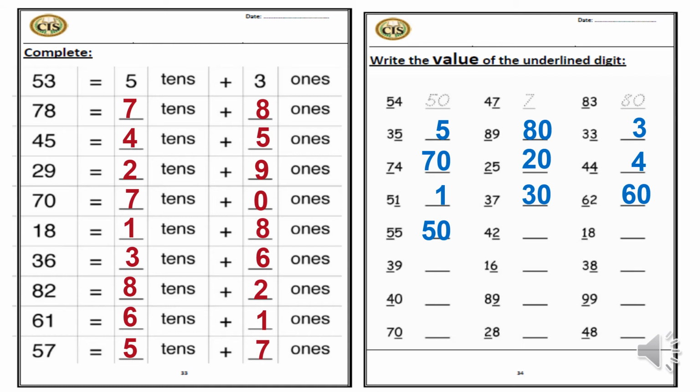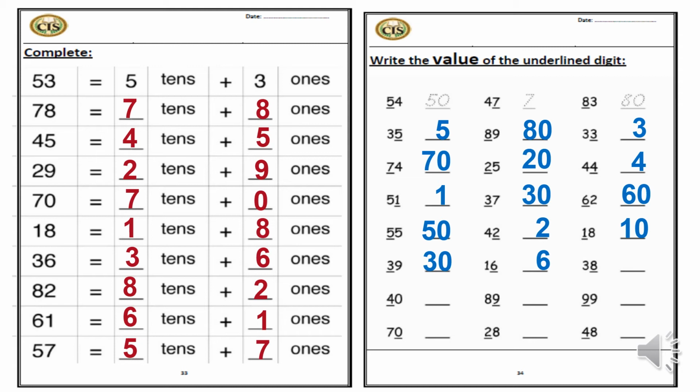42, 2 here in ones, so its value equals 2. Next we have 18, 1 here in tens place, so its value equals 10. 39, 3 here in tens place, so its value equals 30. We have here 16, 6 here in ones place, so its value equals 6.